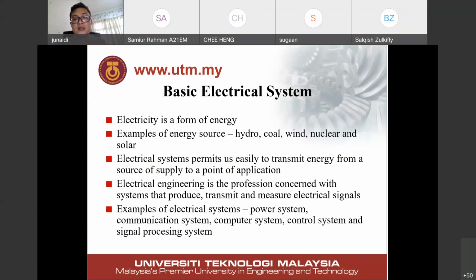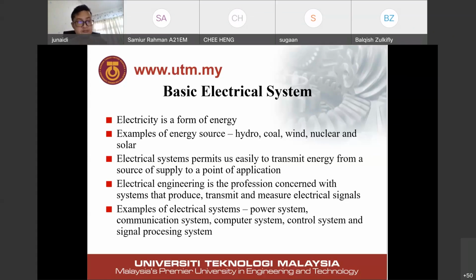So we know that electricity is actually a form of energy. Examples of energy sources that generate electricity are hydro, coal, wind, nuclear, and solar. As you can see, the source of energy is not electric at all. Hydro basically is mechanical.